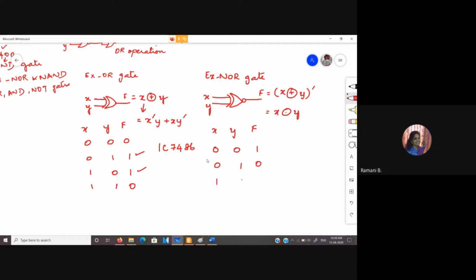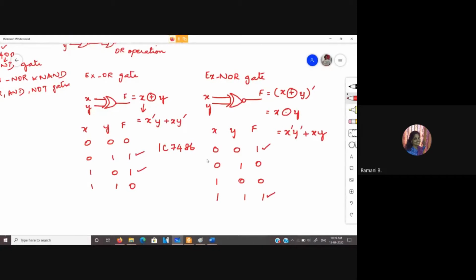As it is exactly the complement of the XOR operation, that is how you will have your truth table. The expression, you can write as X bar Y bar plus XY. That is the terms corresponding to these two.